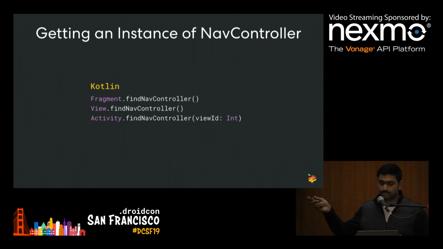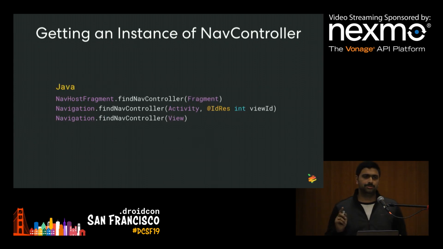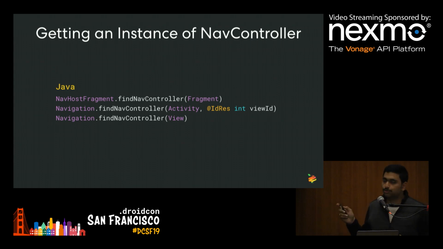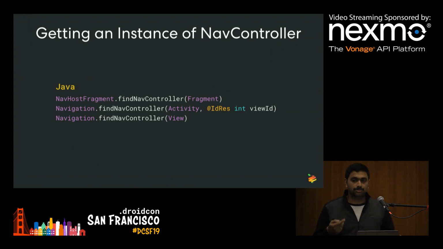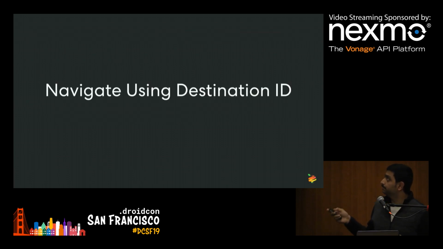If you're using Java, it's still not that bad. You just have to use a static method under NavHostFragment or Navigation, and that's about it. So you just get a nav controller, and you just call the navigate method on the nav controller, passing in an ID or something else. We'll see about that.